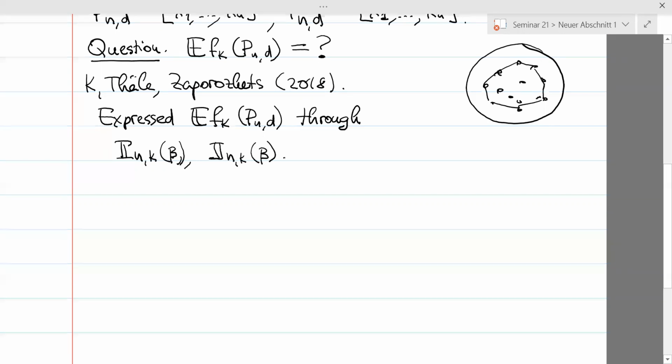And now I will try to explain what are the definitions of these quantities, and similarly for beta prime polytopes.